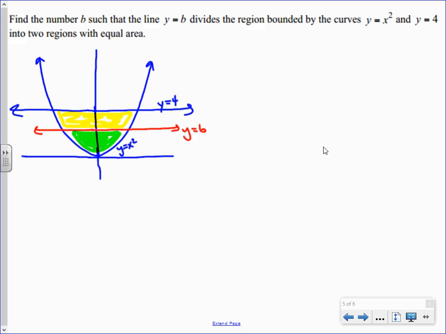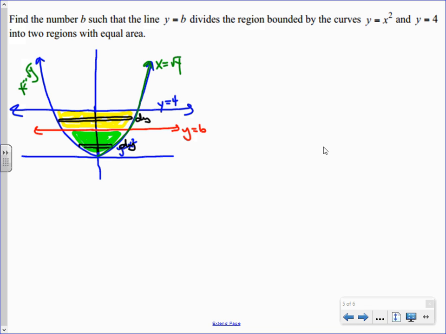I'm going to draw in my rectangles here. So, basically, this green equation is x equals square root of y, and the blue equation is x equals negative radical y.